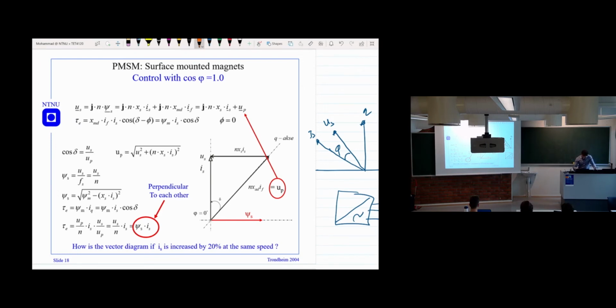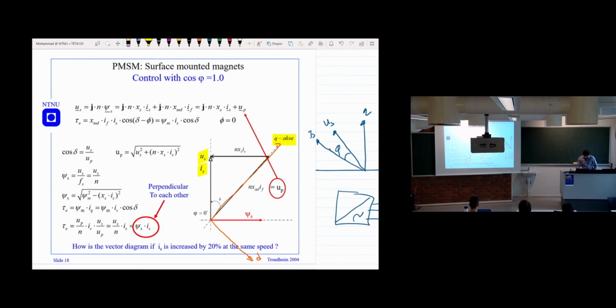So what we see here, we have this Q axis here. And if you look at the D axis, the D axis is somewhere here. And what we see, we have the voltage and the current. We place them both in the same axis. If we place them both in the same axis, then we have a magnetic flux here.